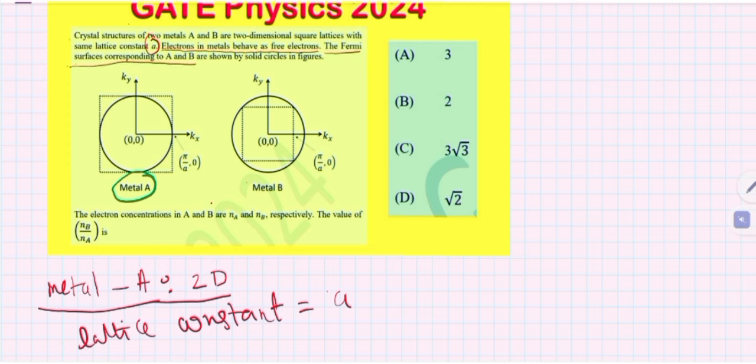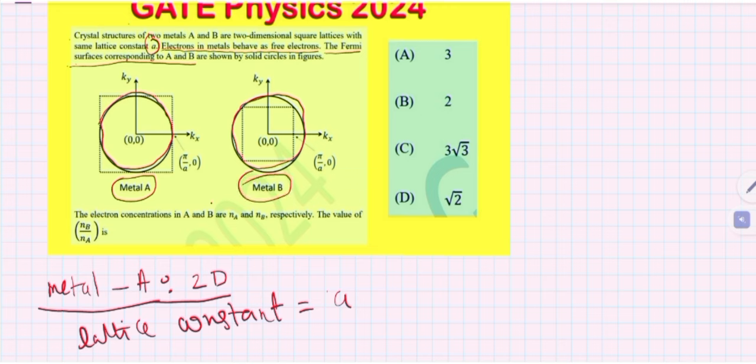The Fermi surface corresponding to A and B is shown: this is the metal A Fermi surface, the circle which they have given, and this is the metal B Fermi surface.